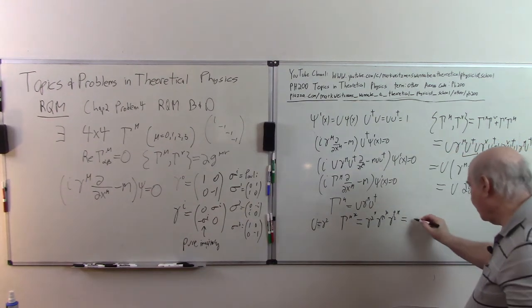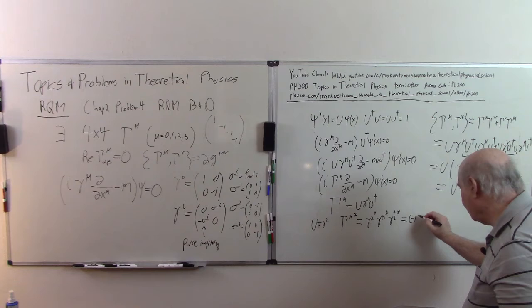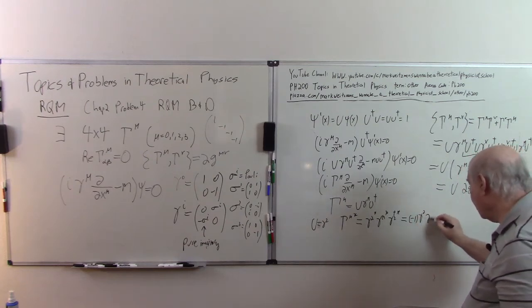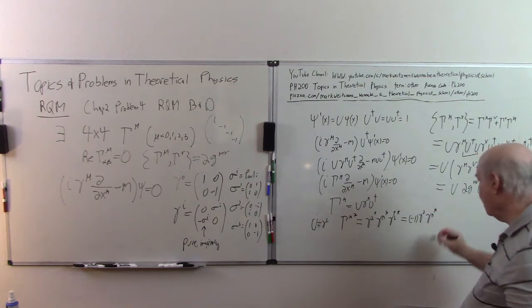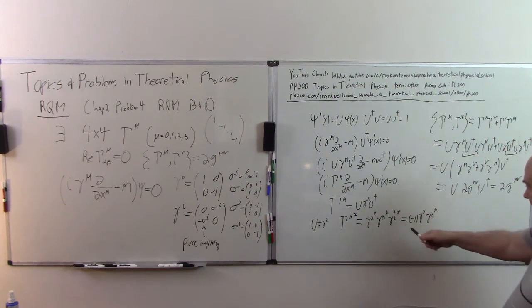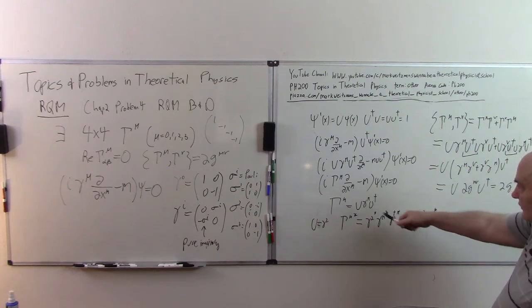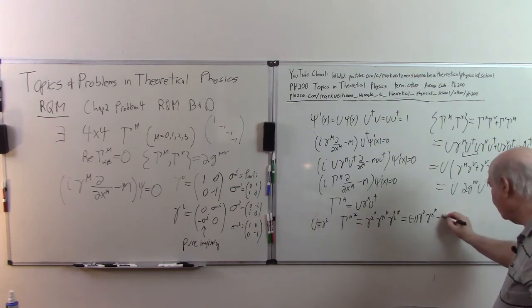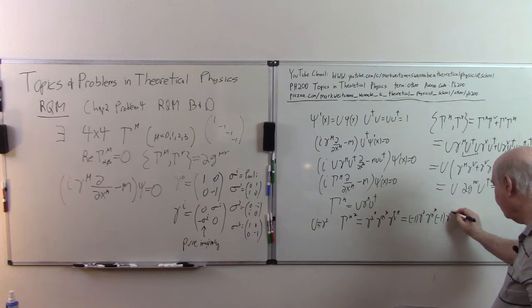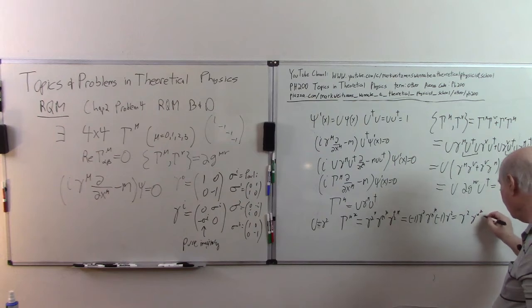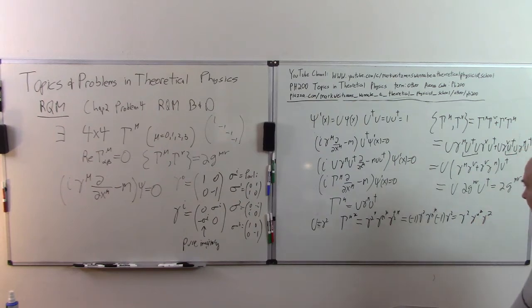Each of these just gets a minus 1. Gamma 2 star is going to be minus gamma 2, and gamma 2 dagger star is just gamma 2 transpose, which is just a minus sign again. So this ends up being gamma 2, gamma mu star, gamma 2.